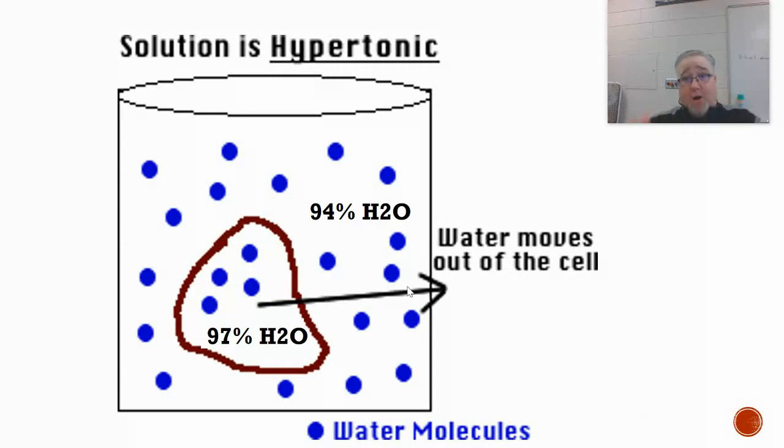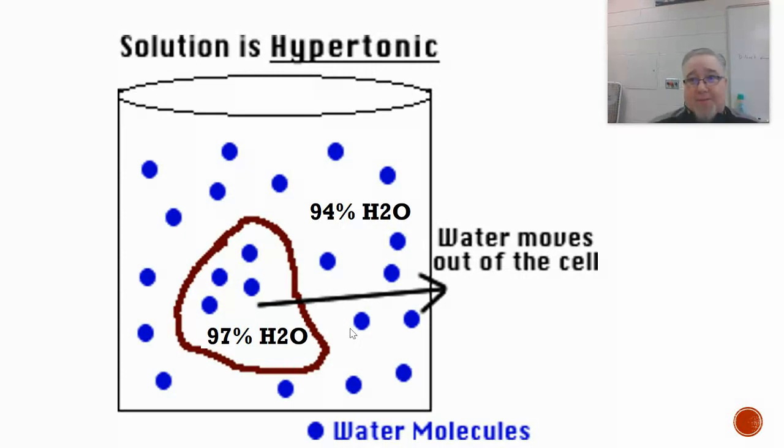It will move out until it reaches equilibrium. Now, think about what's going to happen to the cell. If cells lose water, they're going to shrivel, right? That's what happens when you put cells in a hypertonic environment.